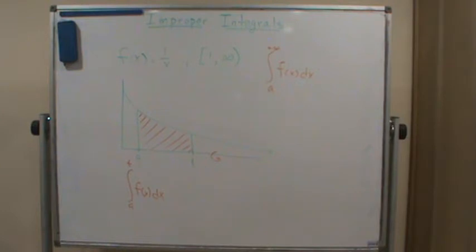Okay? Now, the interesting thing about Gabriel's horn, and this function in general, is that the surface area of this region is infinite, but the volume is finite.